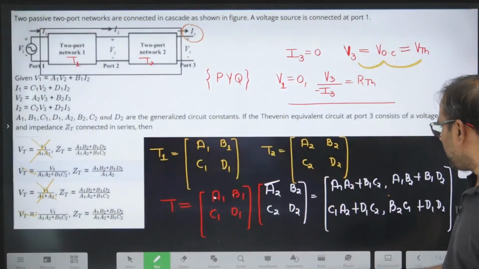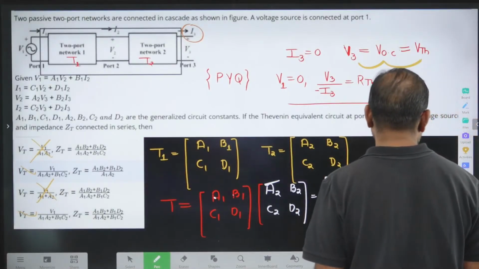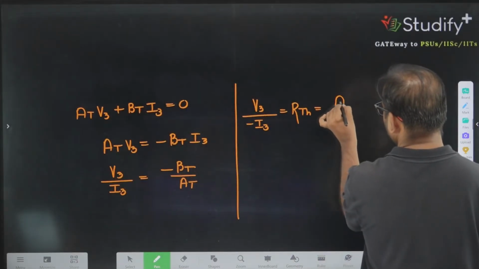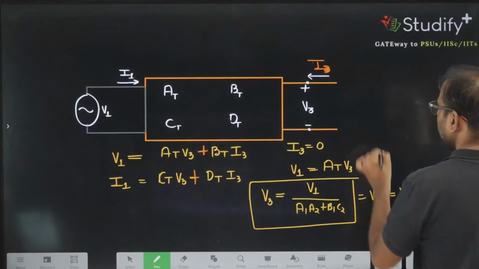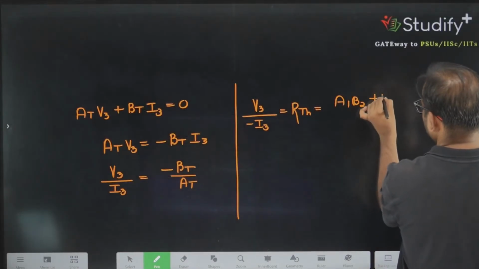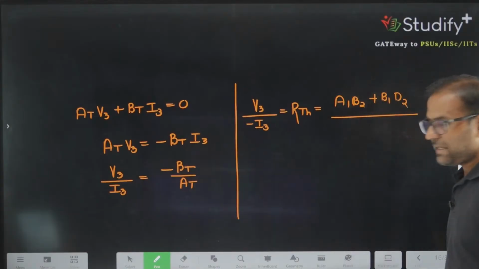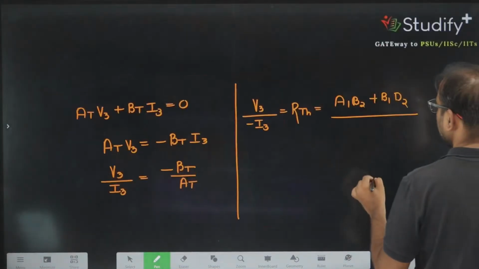BT is A1 B2, B1 D2, divided by AT. And what is AT? AT is given by A1 A2, B1 C2.